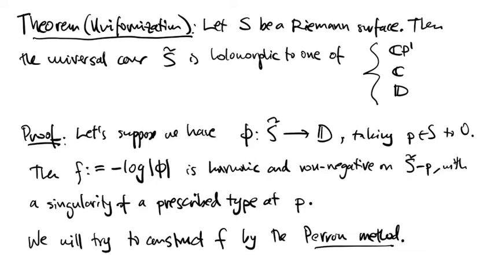Let's define a function f to be minus log of the absolute value of φ. This is a function which is harmonic and non-negative on the complement of the point P, and with a singularity of a prescribed type at the point P. What we're going to do is to try to construct the function f directly by the Perron method.